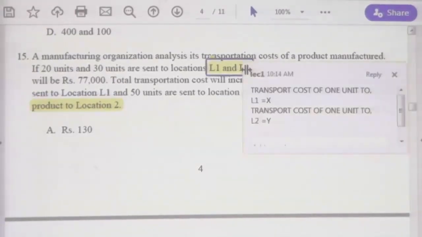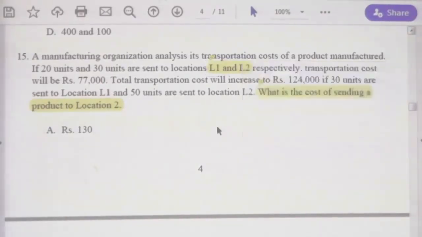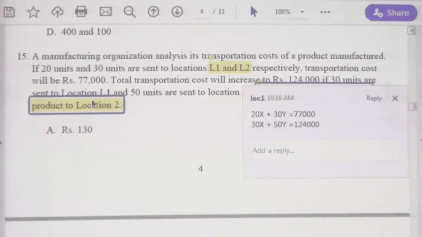Therefore, once you receive the answer for these two simultaneous equations, you have the cost to L1 and the cost to L2.